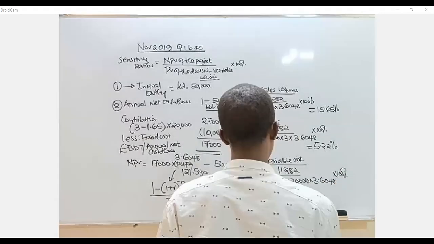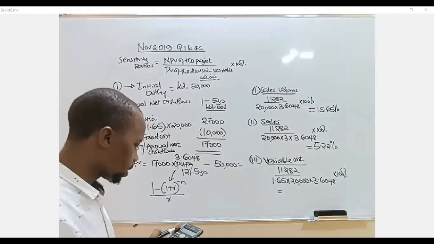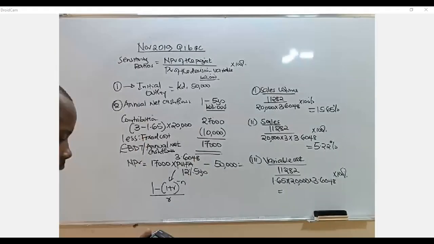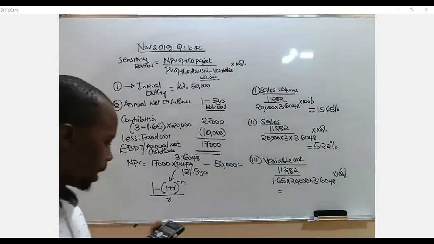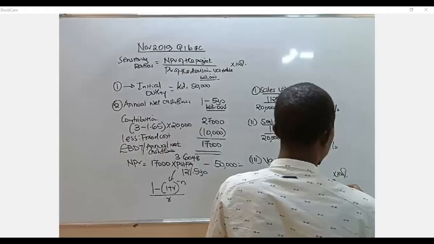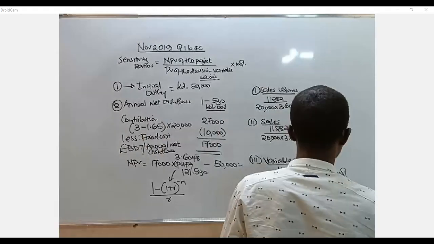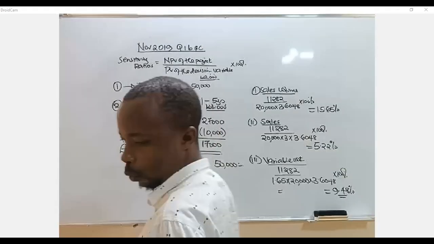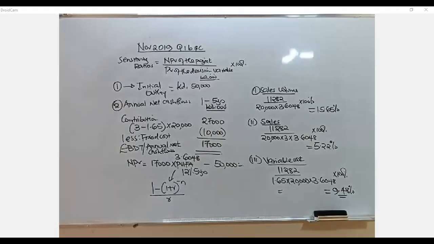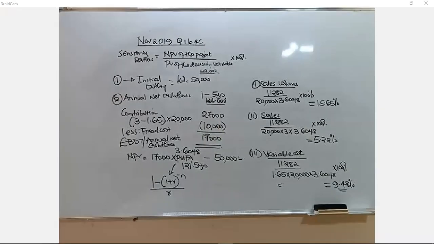So 1.65 times 20,000 times 3.6048, and 11,282 divided by my answer, we are getting 9.48%. That is how you normally calculate those changes under the sensitivity analysis.